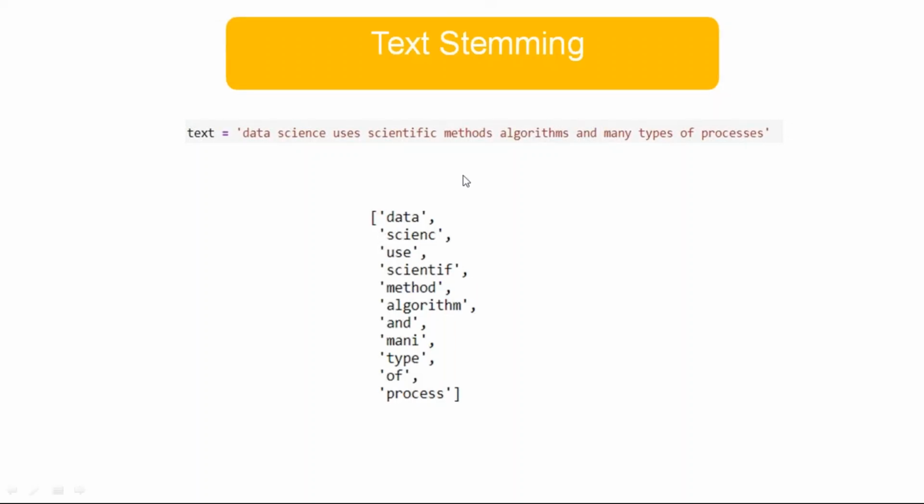If various people write "science", "sciences", and one more, "scientific", then all such words are framed into one useful word which is actually used in the dictionary. That is carried out in the lemmatization phase. This is how stemming and lemmatization work.